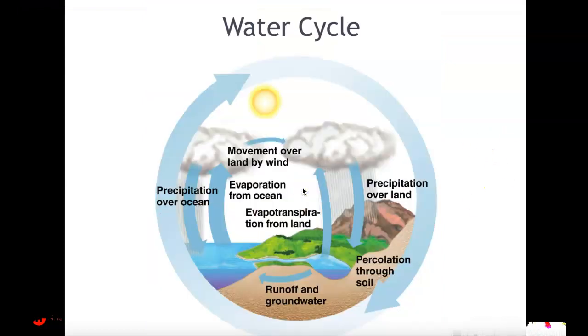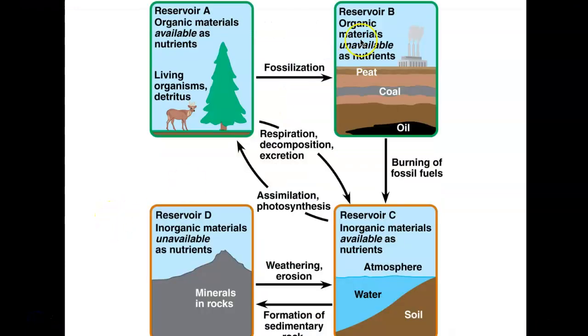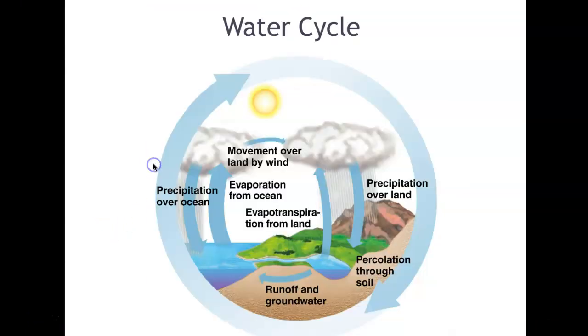All right, so our first cycle is the water cycle. It is the easiest cycle. And I just want to make sure that I acknowledge, when we talk about this and the other mineral cycles, the reason we're talking about them is these are things that are monitored by environmental scientists that can give them an idea of the health of an ecosystem.